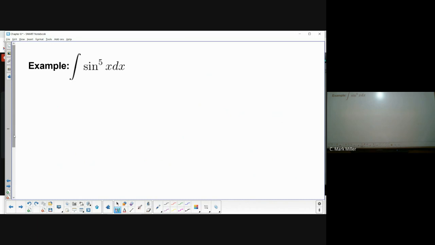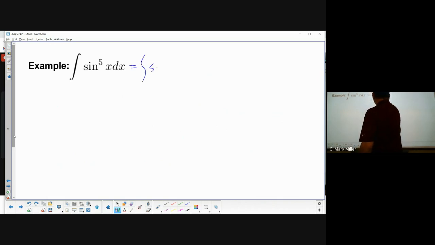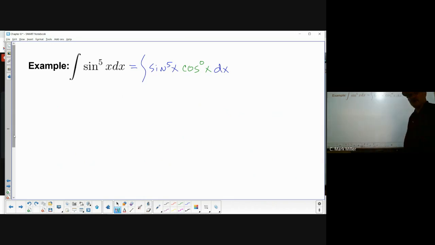But we do have, think of this as cosine to the 0 power. That's 1. Think of it that way.